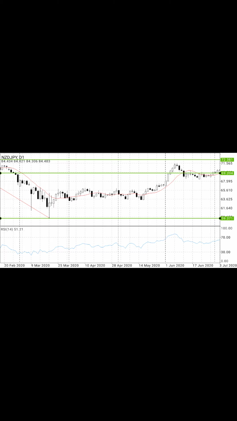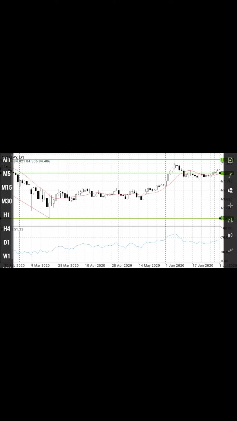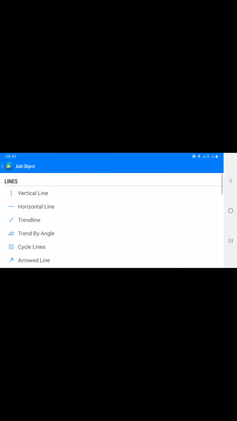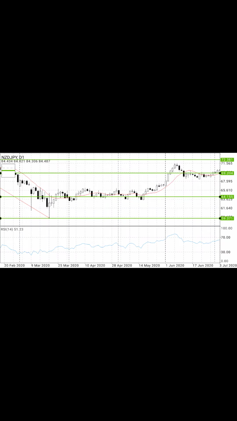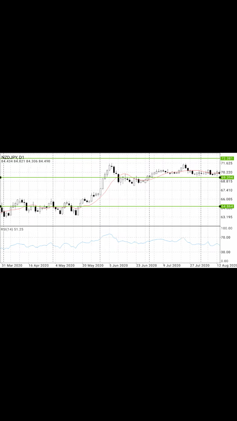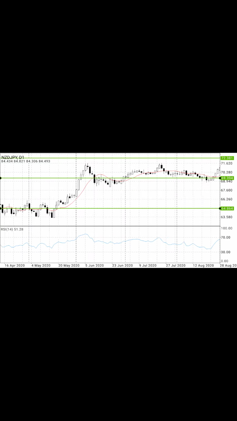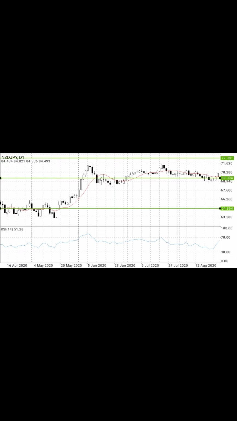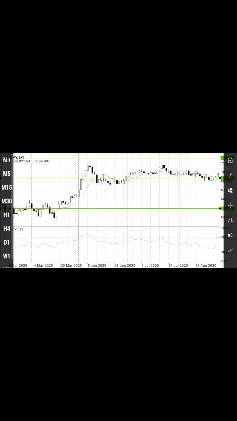After that new low, there's a price stabilization right here. After stabilizing at that point, it shot on a bullish trend back up significantly.